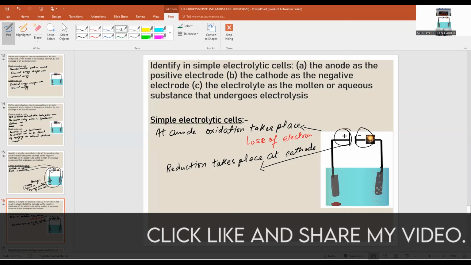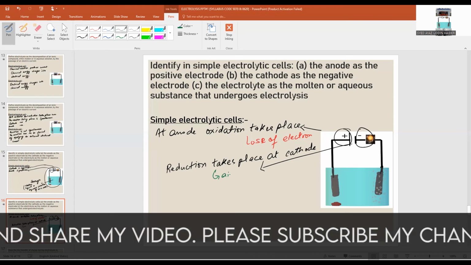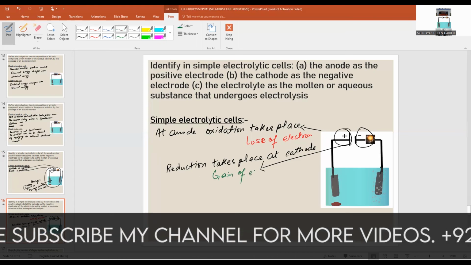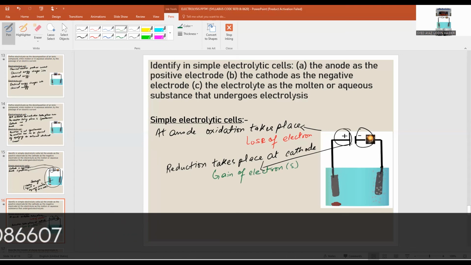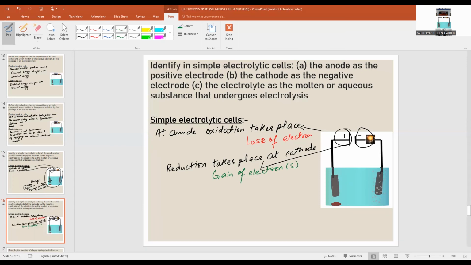Here you have gain of electrons. Therefore, redox takes place in an electrolytic cell.